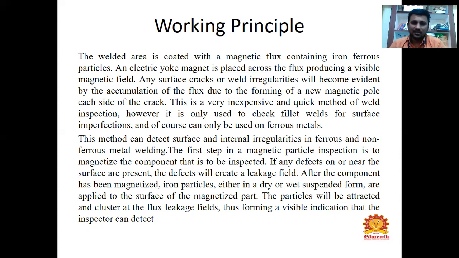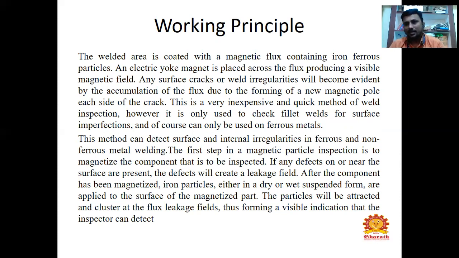The first step in magnetic particle inspection, MPI, is to magnetize the component that is to be inspected. As we already discussed, before the inspection we need to magnetize the component. If any defects on or near the surface are present, the defect will create a leakage field.